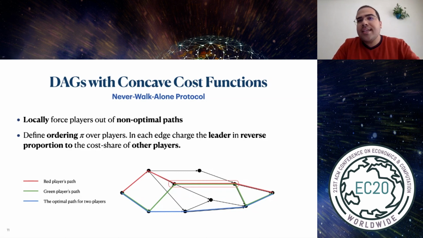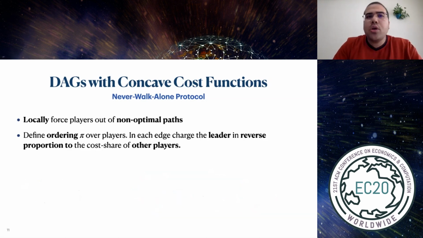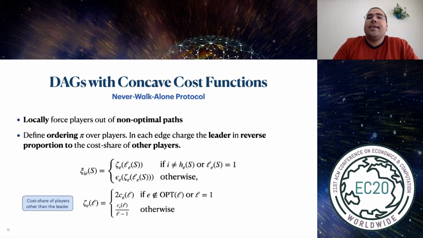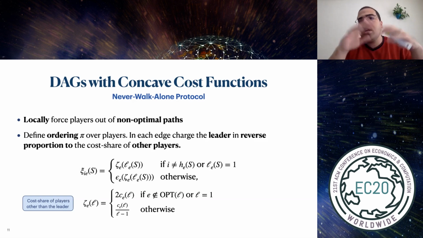These were the ideas behind the protocol, but in the actual protocol, players other than the leader share the whole cost equally if the edge is not in the optimal path for that load, and each of them pays 2 times the total cost of that edge if that edge is not in the optimal path for that load.